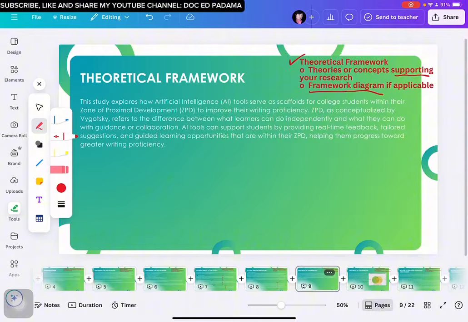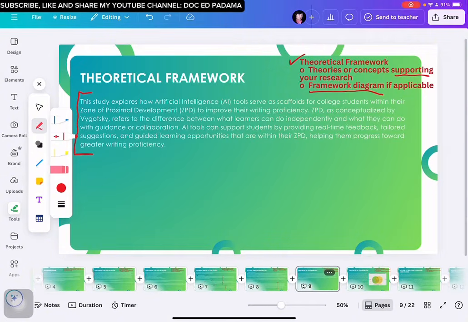For this particular slide, the theory used is from Vygotsky, if I'm not mistaken, and this is the ZPD, or Zone of Proximal Development. So this is a brief discussion of the theory.